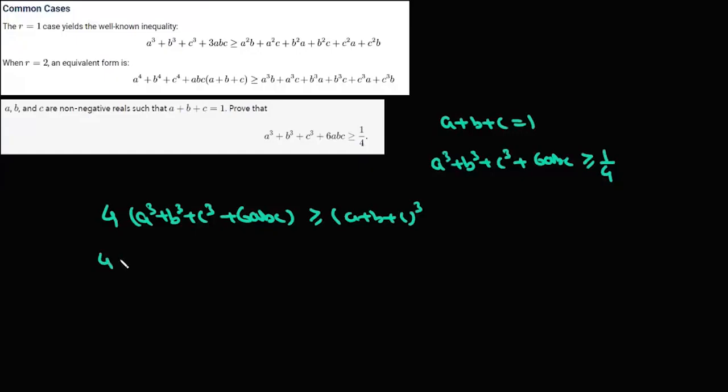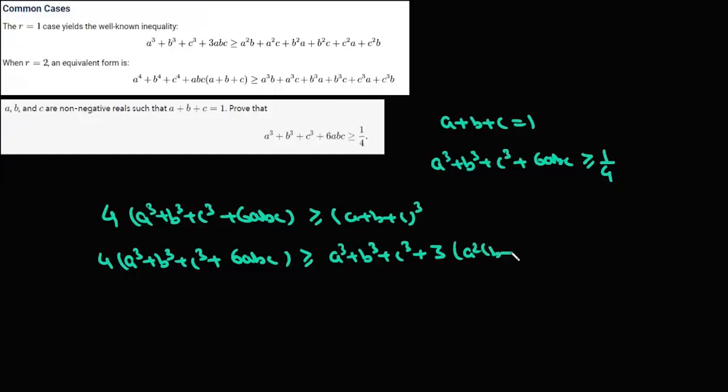Now this is 4 times a cube plus b cube plus c cube plus 6abc, and it will be greater than or equal to a cube plus b cube plus c cube plus 3 times a square b plus c plus b square c plus a plus c square a plus b.